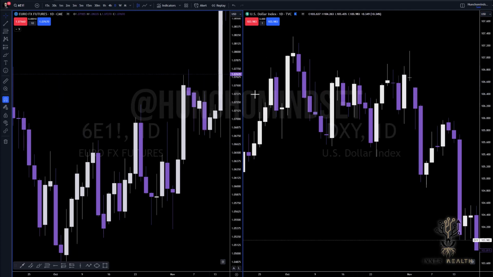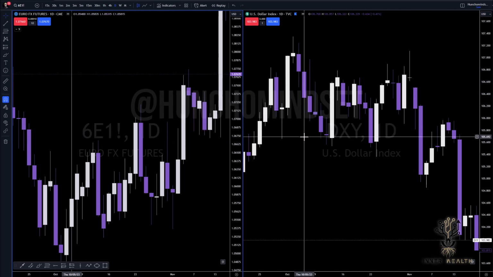Number two, currency pair versus currency pair. Believe it or not, there are pairs out there that just correlate with one another. Yes, they correlate so much that they can support your bias. And number three, you probably guessed it, index versus index. I will show you guys plenty of examples for both.